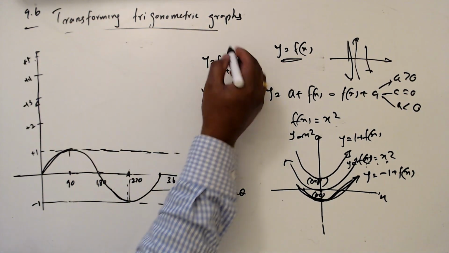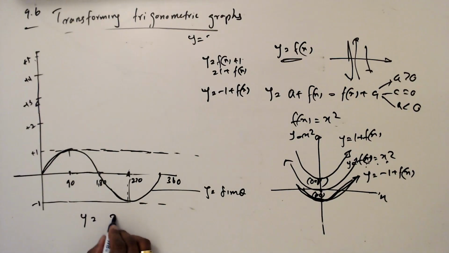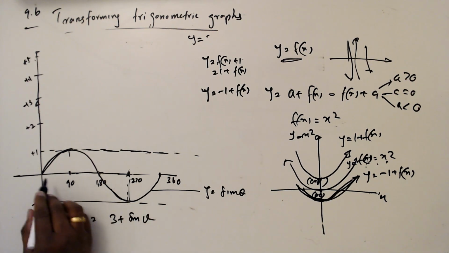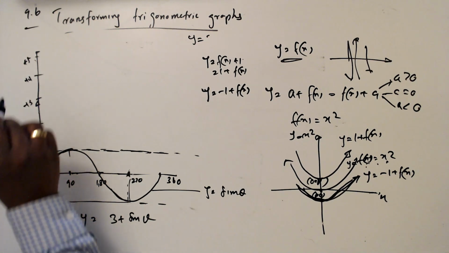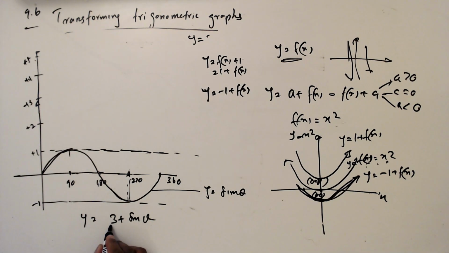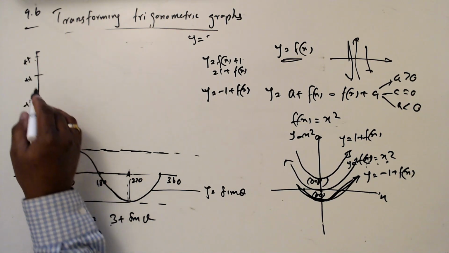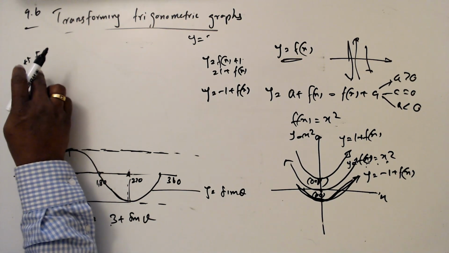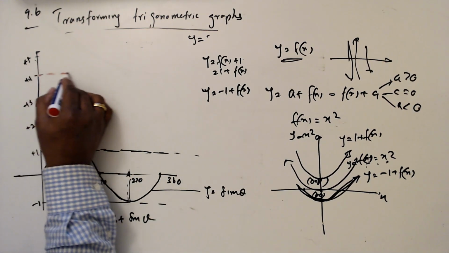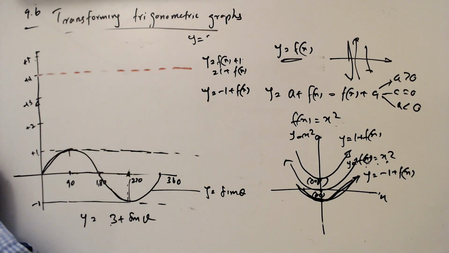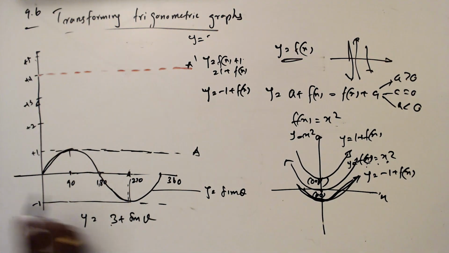Now the graph is y equal 3 plus sine theta. So the sine theta graph we want to shift up by 3. It means the plus 1 line has to shift up by 3. When you do that, the plus 1 line becomes 1 plus 3, which is 4. So this is going to be this line. Let's say this is the A line; now this is the new A line, A dash.